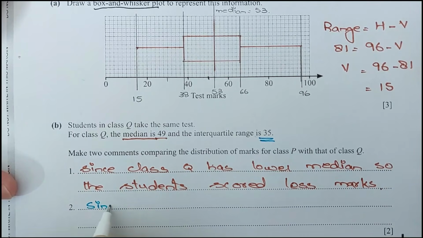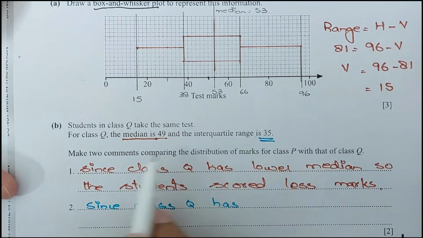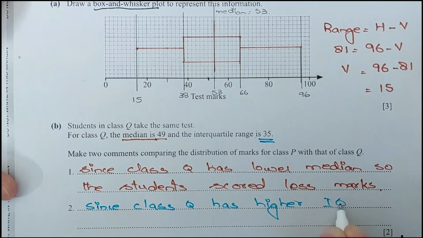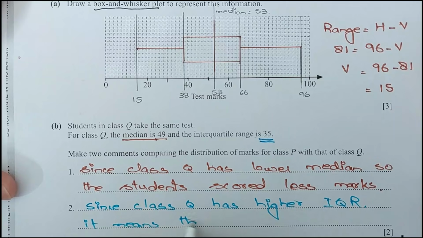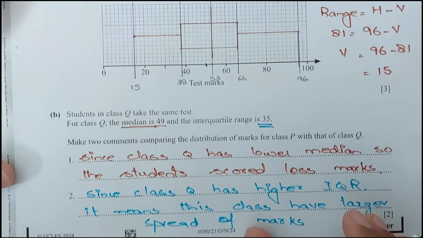So we can say that since class Q has a higher interquartile range, it means this class has a larger spread of marks. All right.